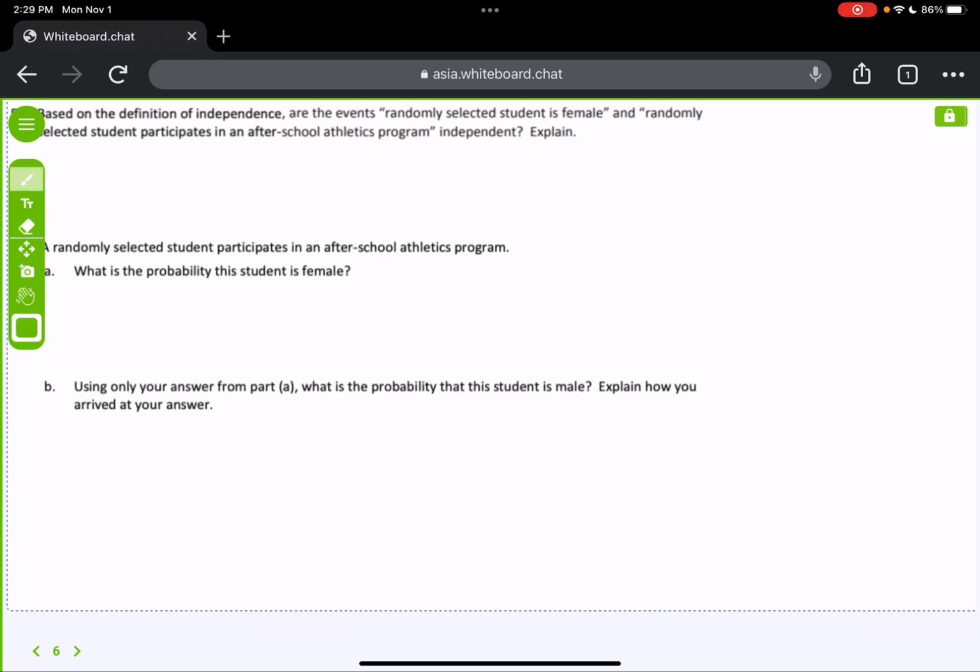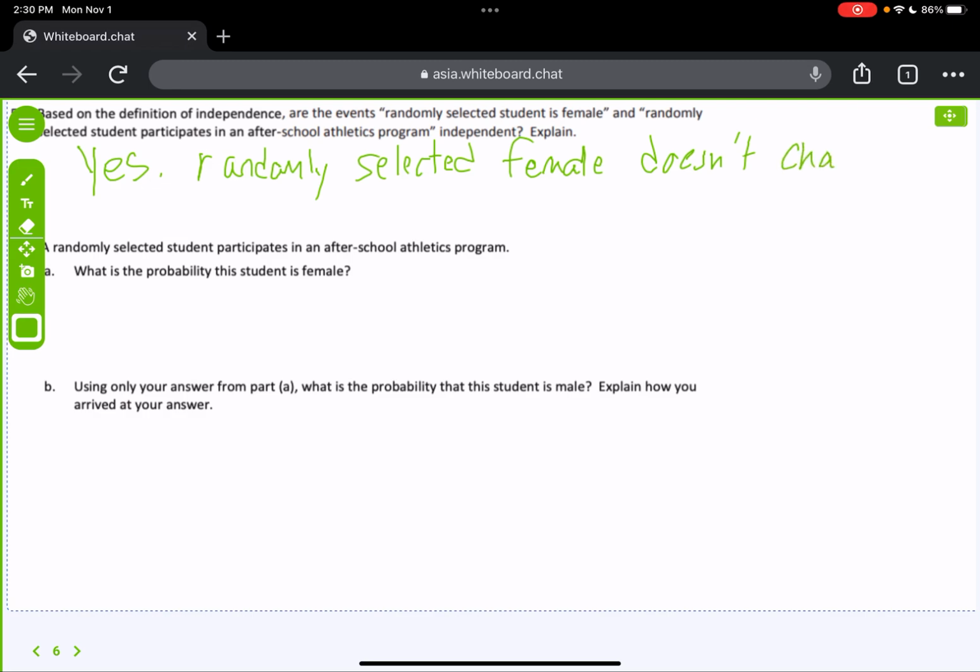And that's just what we were saying. Yes, they are, because the randomly selected female does not change the probability.